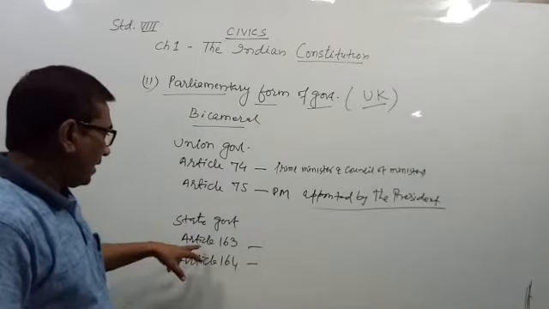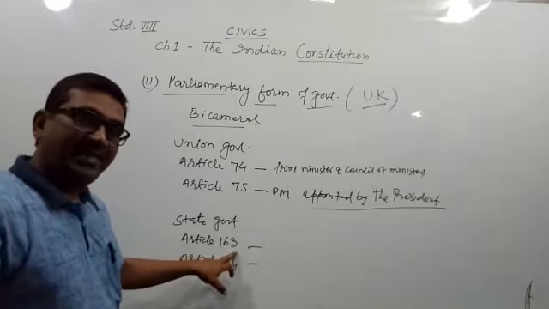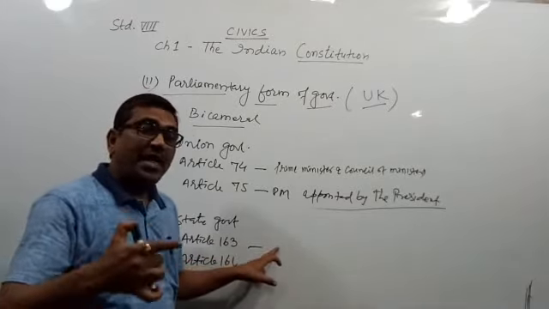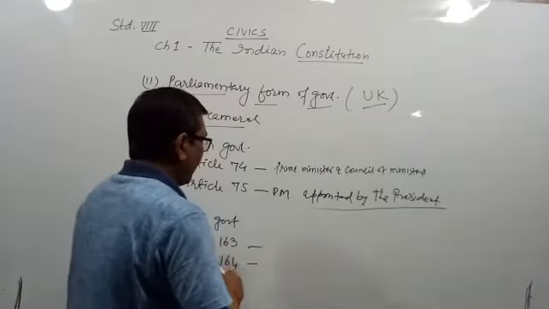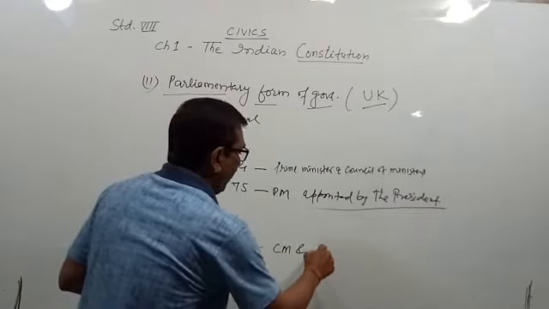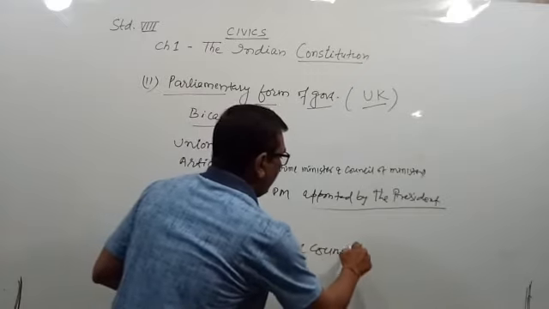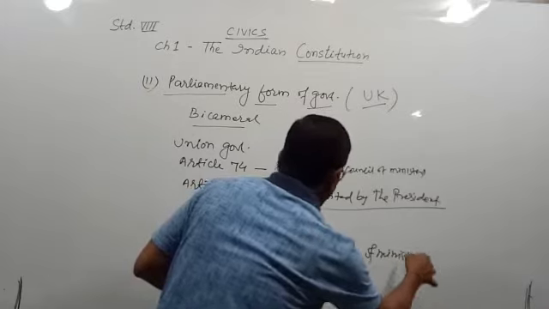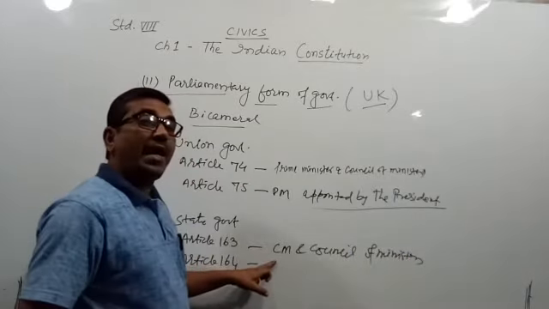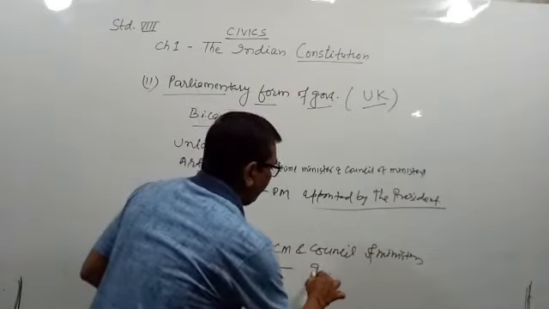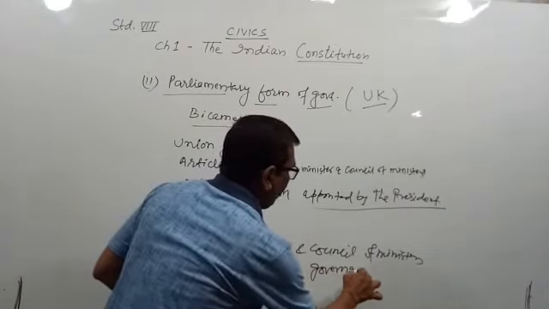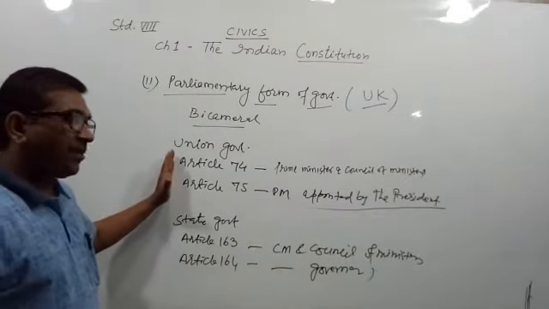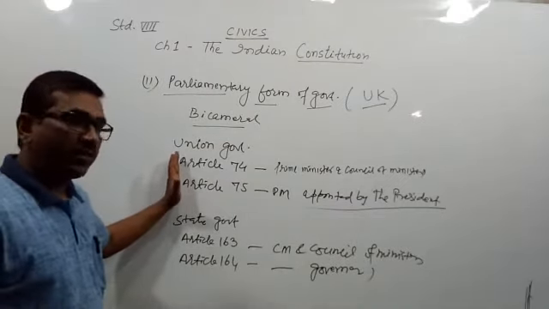In the same way, in Article 163, in the state, there would be a Chief Minister and Council of Ministers, and the CM would be appointed by the Governor. Articles 74 and 75 relate to the central government.